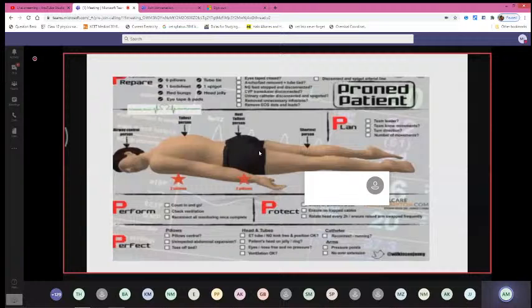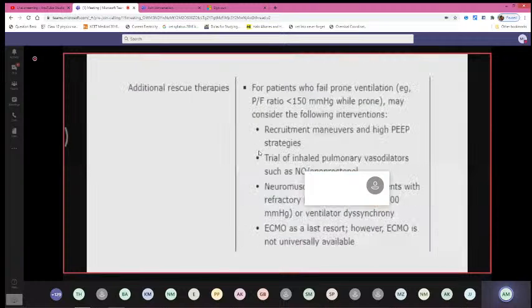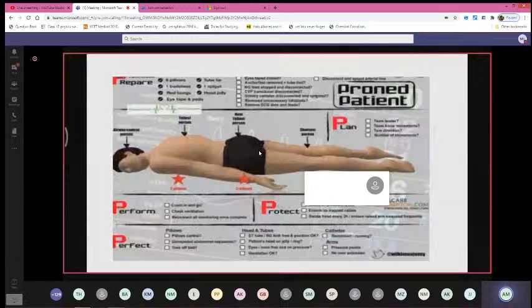If in spite of your proning the oxygenation targets are not being met, then you have, as I already talked about, recruitment maneuvers, high PEEP. Then you have certain things called pulmonary vasodilators like nitric oxide or prostaglandins, which are used to improve pulmonary vasodilatation and to prevent hypoxic pulmonary vasoconstriction. As a result, the oxygenation improves.